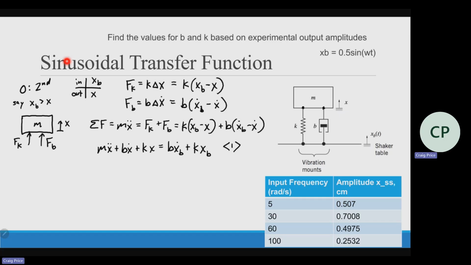So we do have one stable second order equation where xb, the base, is the input, and x is the output. So what will the transfer function be?